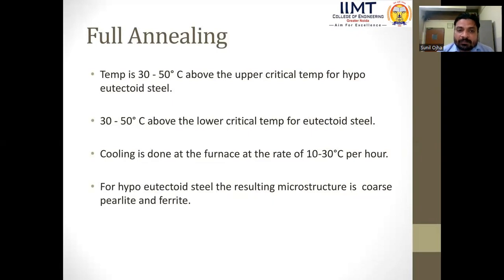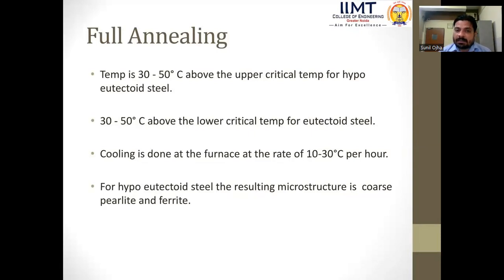Then 30 to 50 degrees centigrade above the lower critical temperature for eutectoid steel, that is, more than 0.8% carbon.